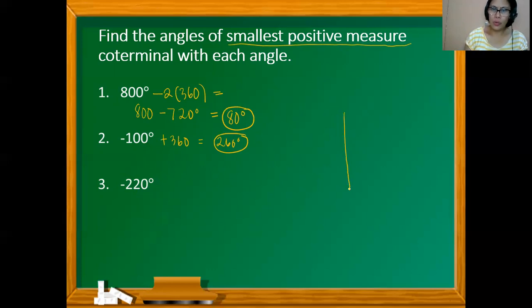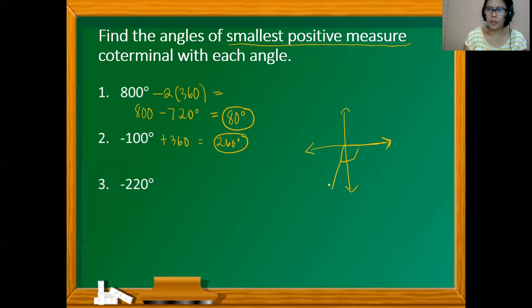If we're going to illustrate negative 100, its rotation is clockwise. So this is the initial side, and from here until here is 90, and then we extend a little here.